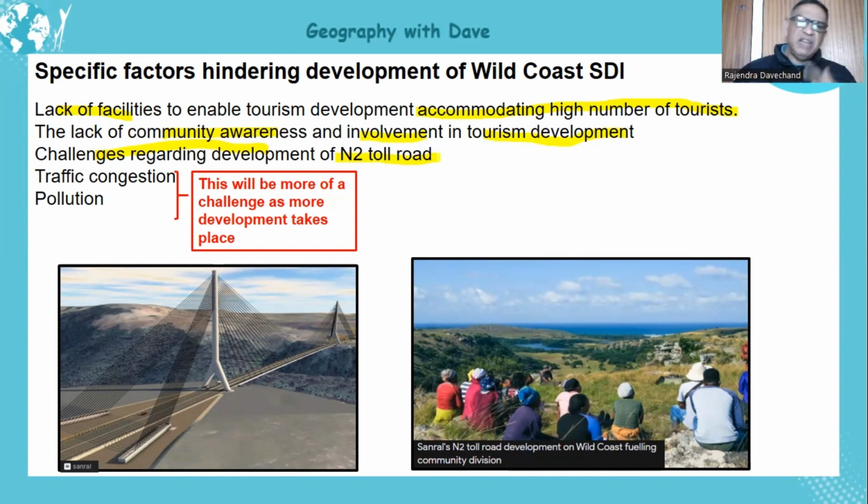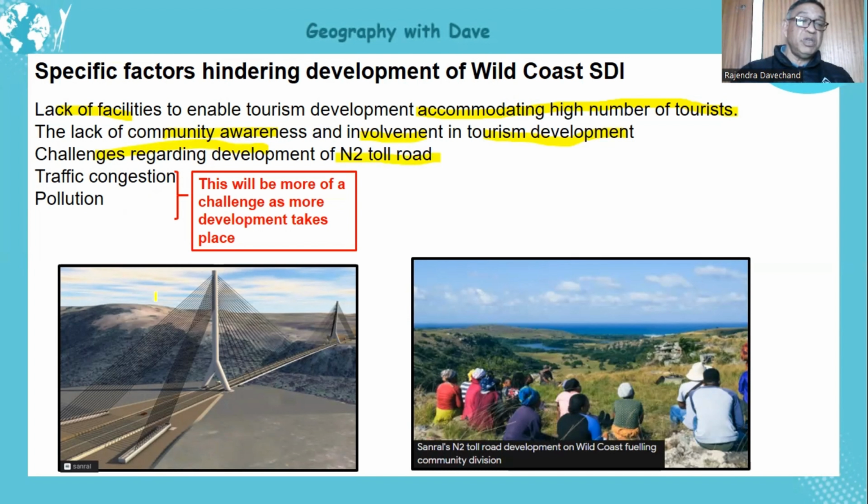In fact, they were suggesting it be built around, about 10 kilometers away from where some of the communities are located, so that we can keep the communities together, and keep that rich culture and unity in there. So these are challenges regarding that toll road itself.